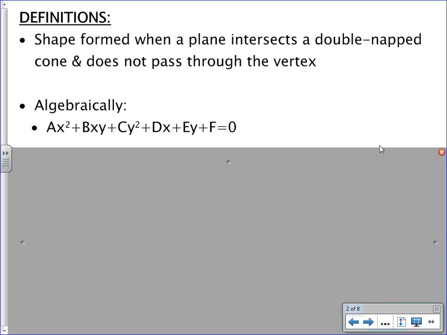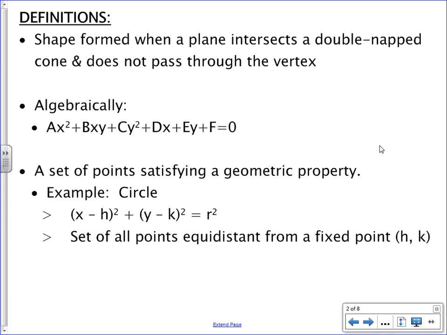What's true about all the points on the circle? They're equidistant away from the center. That's the definition of a circle. So we have a fixed point, which we consider the center, and all the points on the circle are the same distance away. That's the geometric definition of a circle.